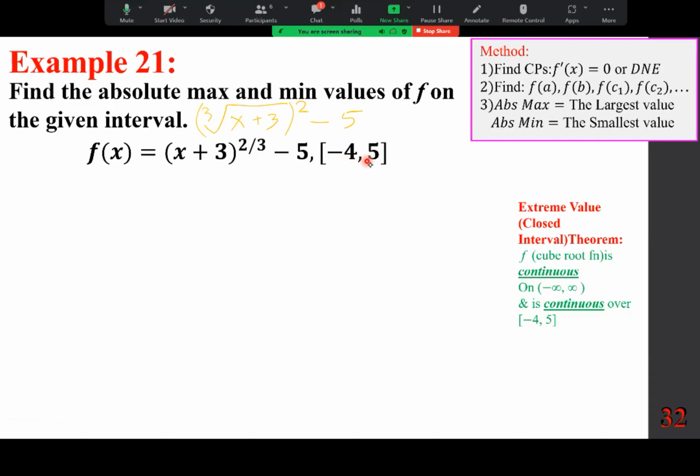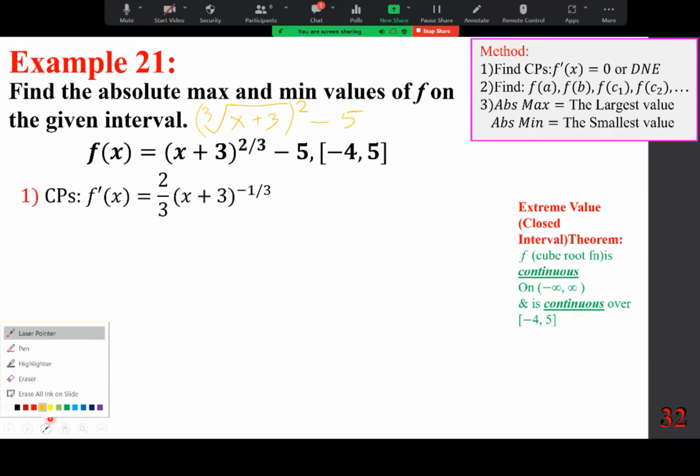So we are going to repeat the process by finding f prime, and f prime is very simple. 2/3 (x plus 3) to the power of 2/3 minus 1, or -1/3, times the derivative of the inside, which is 1. And I didn't write that. You can write times 1 if it's important, because of the derivative of the inside.